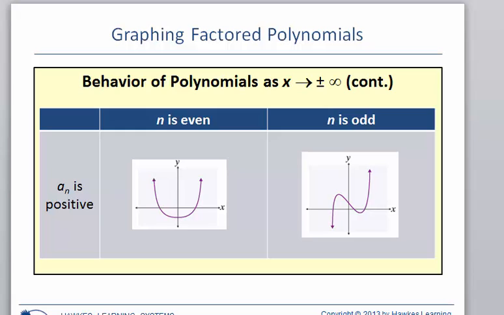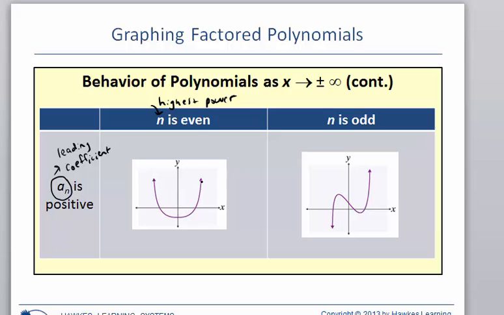If your leading coefficient is positive, remember that this a sub n is your leading coefficient, that number that sits in front of the highest power of x. If that is positive and your n is even, remember that the n is going to be your highest power, then we know that our graph approaches infinity on both sides.